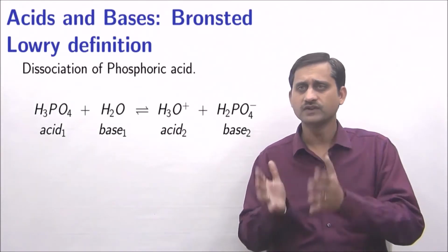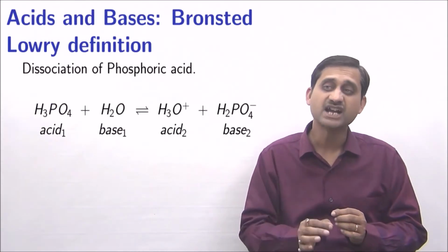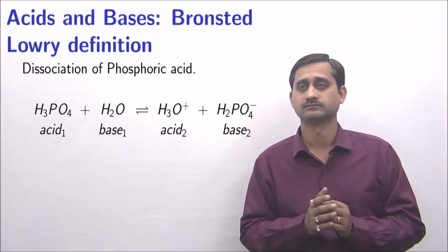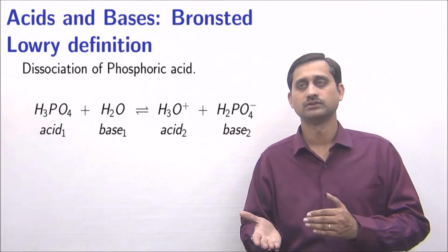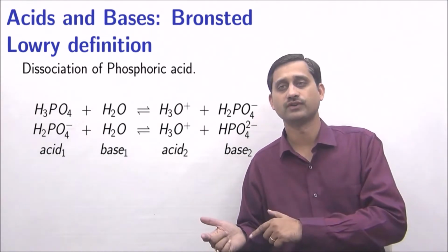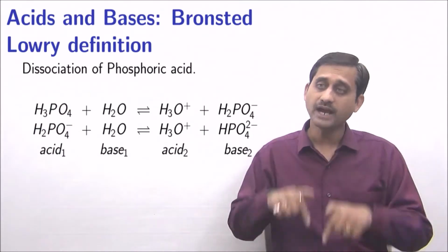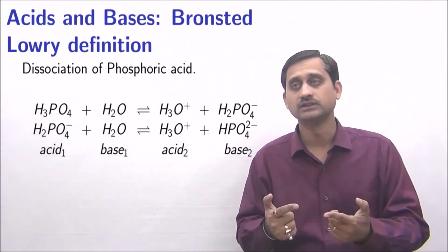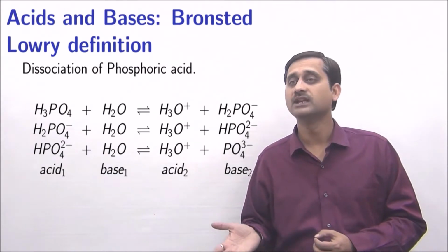The same is the case with phosphoric acid, H3PO4. The phosphoric acid initially releases the proton to form dihydrogen phosphate ion. This further can release another proton to form monohydrogen phosphate with di-negative charge. This monohydrogen phosphate can further release a proton to form the phosphate ion with tri-negative charge.